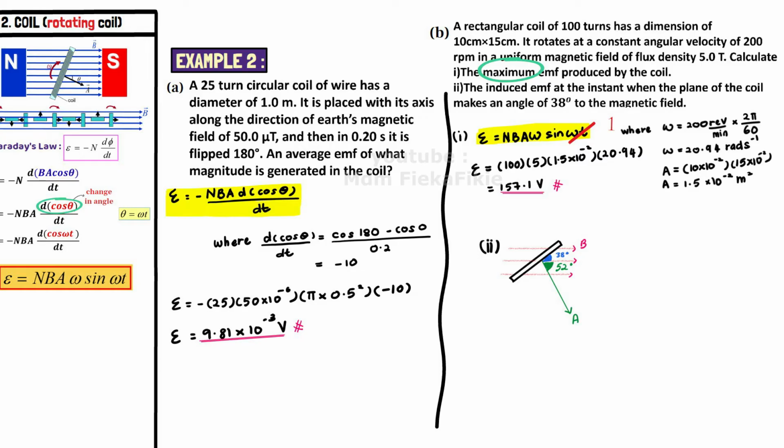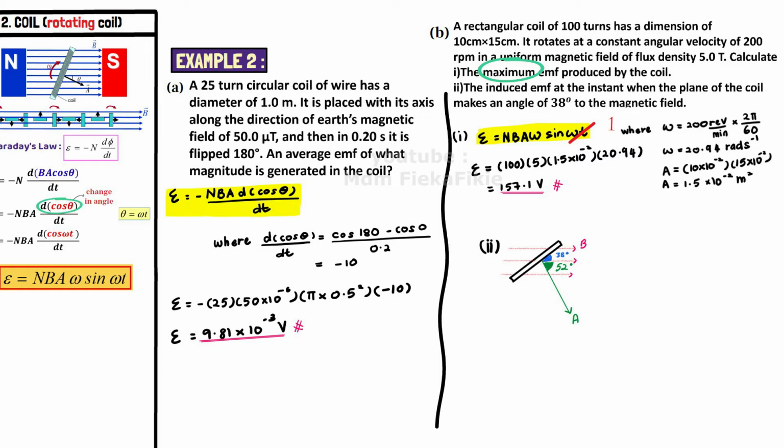Boleh? Jadi sebelum kita proceed, pastikan lukis dulu vector of area A, that is normal to the plane. Angle yang berwarna hijau pula barulah angle antara B and A, and the value of this angle is equal to 52 degree.